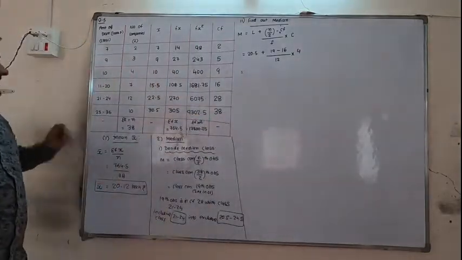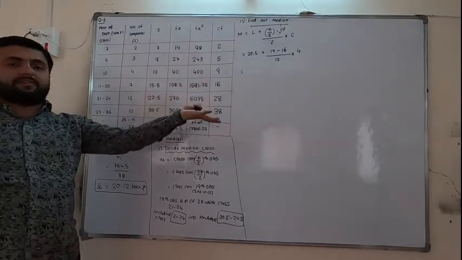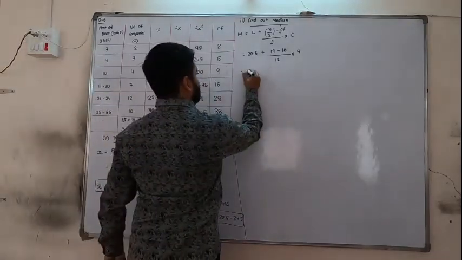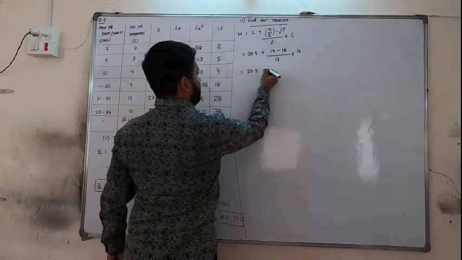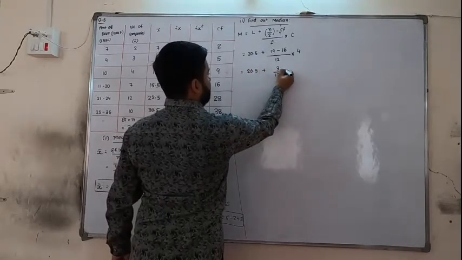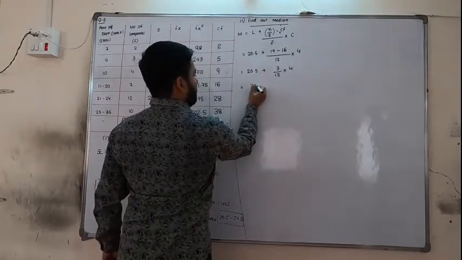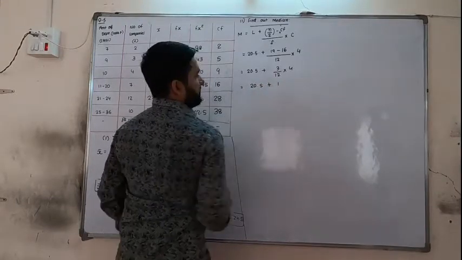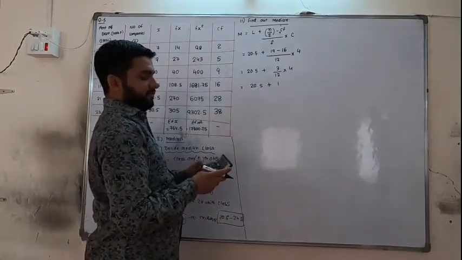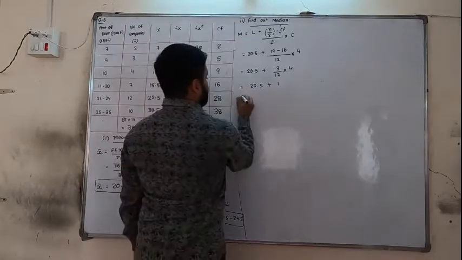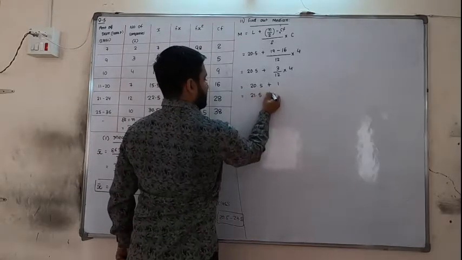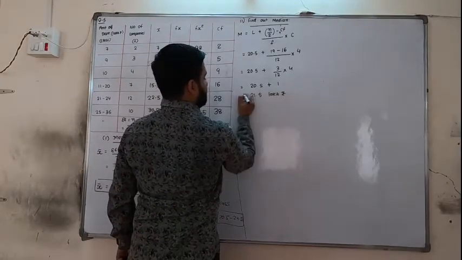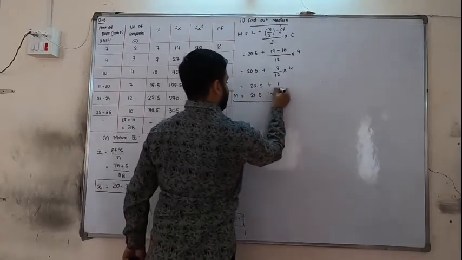You can also check: 21, 22, 23 and 24, four values. So 20.5 plus 3 by 12 into 4, that is 20.5 plus 1. Why 1? Because 3 into 4 is 12, and 12 by 12 is 1. So the answer would be median M equal to 21.5 lakh rupees.